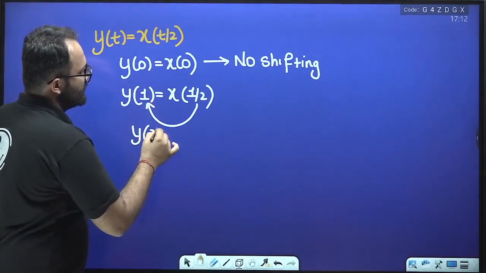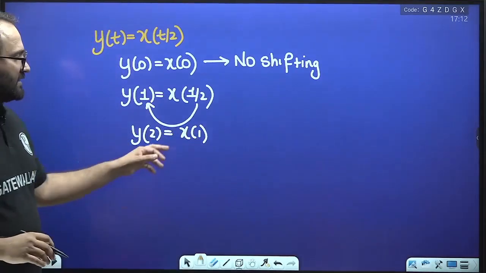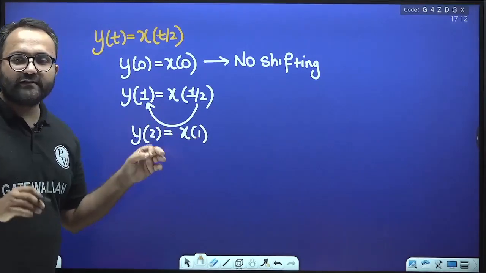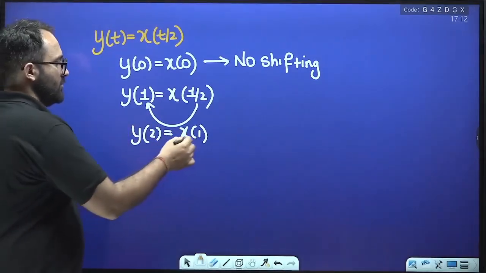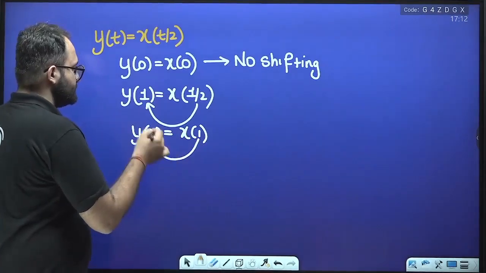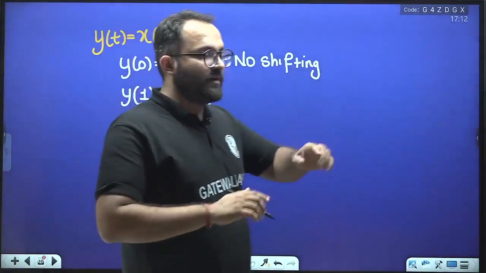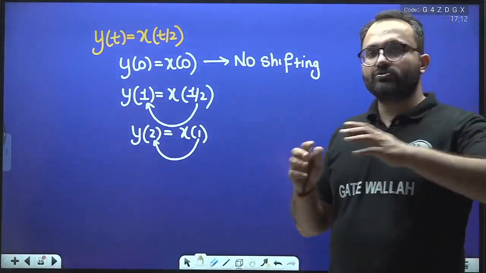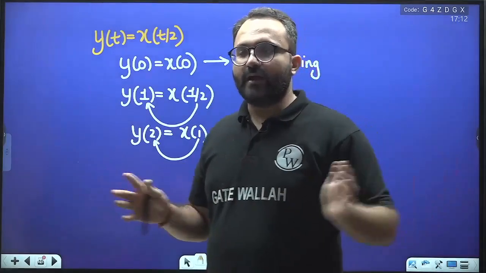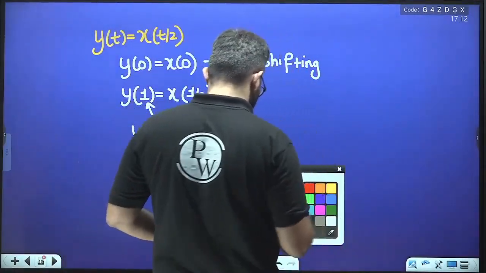Similarly, y(2) is equal to x of 1, that is, whatever is there at t equal to 1 is going to 2. And so on. So we can say that 0.5 is jumping to 1, 1 is jumping to 2. So the whole signal is getting expanded.